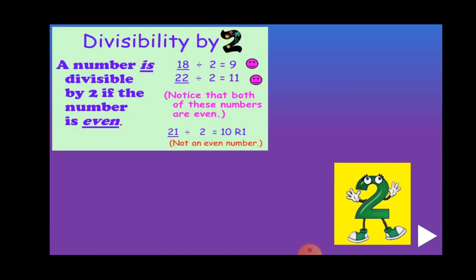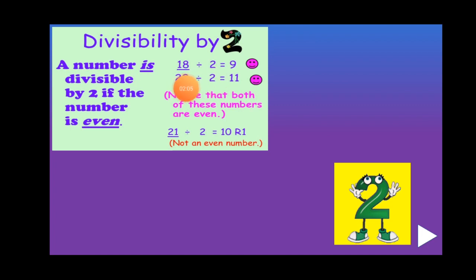Now, let's learn in detail about the divisibility by 2. So, children, to check the divisibility by 2, we must check that the last digit of a given number should be an even number. Now, look at this example present on the screen. We wish to divide 18 by 2.